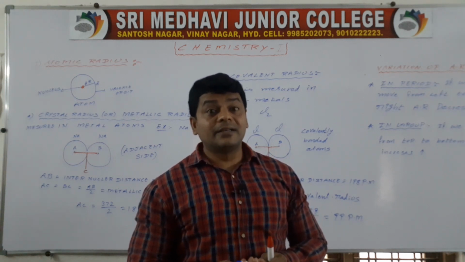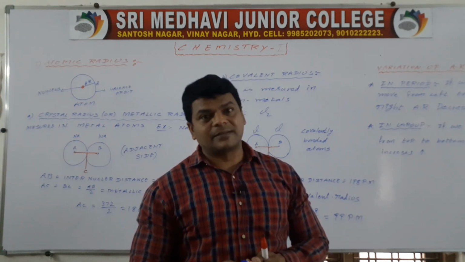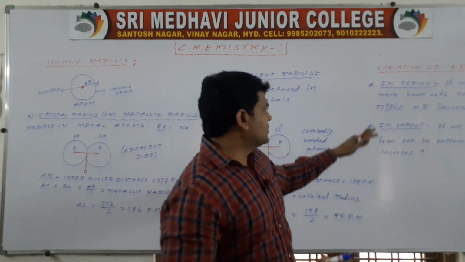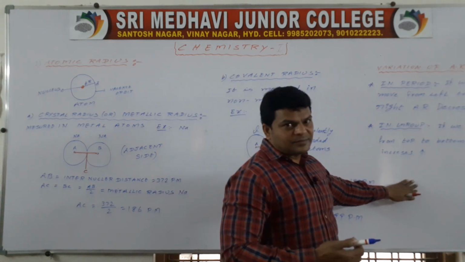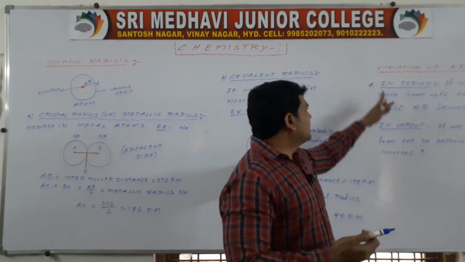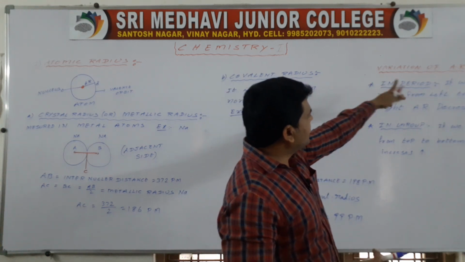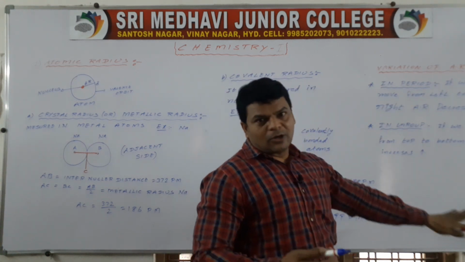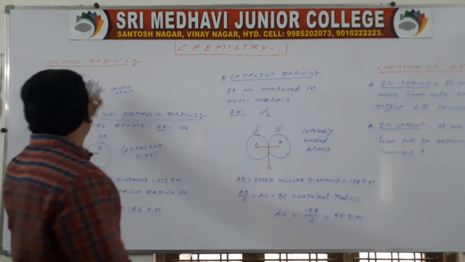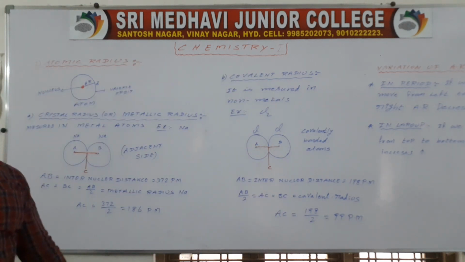So this is the variation of atomic radius in periods and in groups. This is briefly atomic radius.